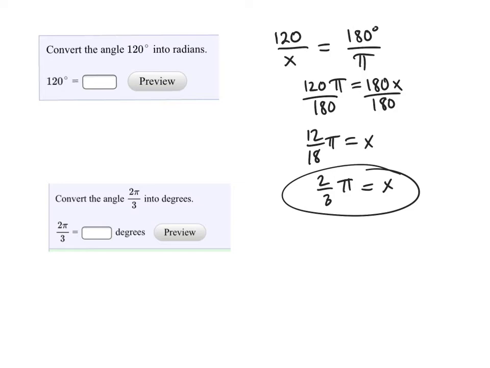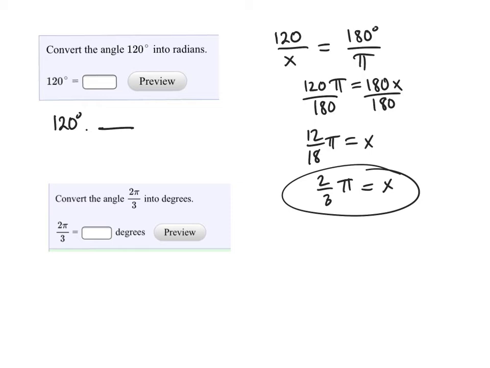However, that's not the way I like to do it. I think it's easier to convert using a type of conversion we do in physics a lot, which is sometimes called unit canceling. So the way I do this is I take 120 degrees and I multiply by 1. Now when I multiply by 1, it's still going to be 120 degrees. To make a 1, all I need to do is have the top and the bottom be equal things.